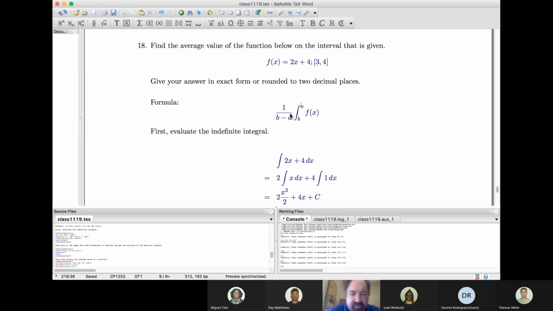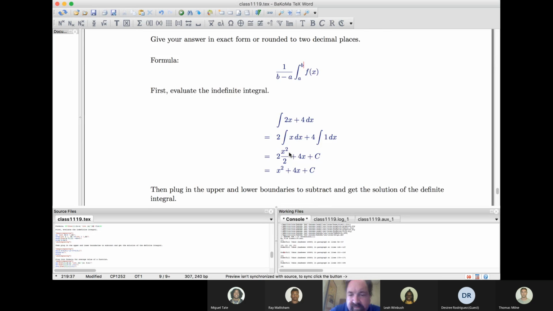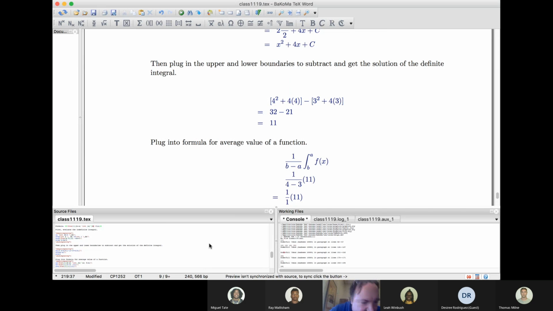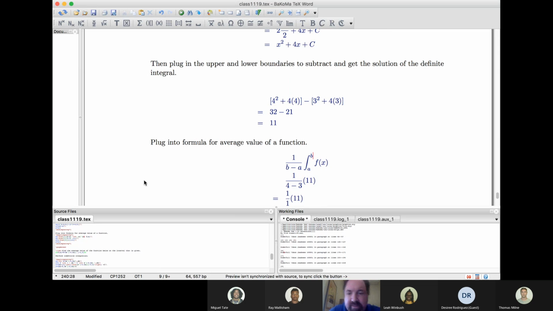I apologize, there's a typo here. It should be a as the lower limit and b as the upper limit. And same down here. I'll have to fix it on my old notes too.